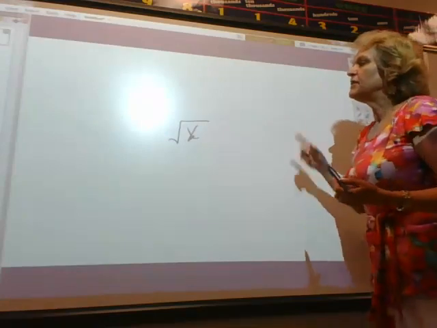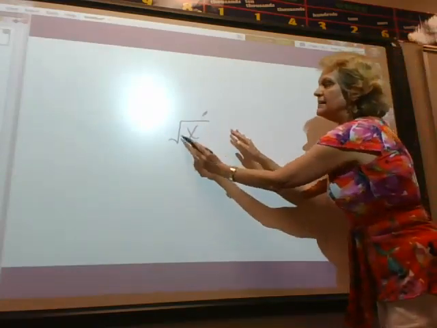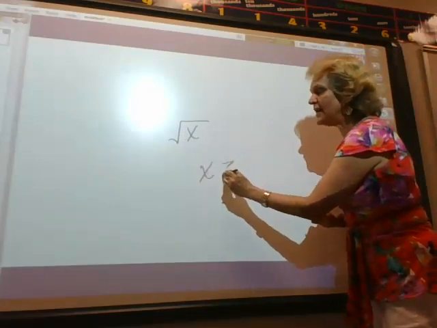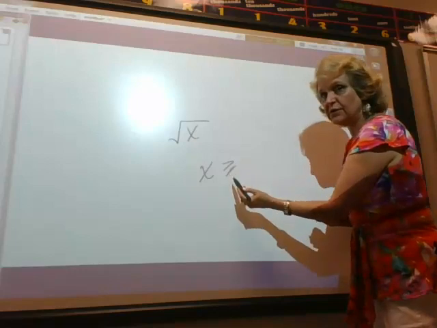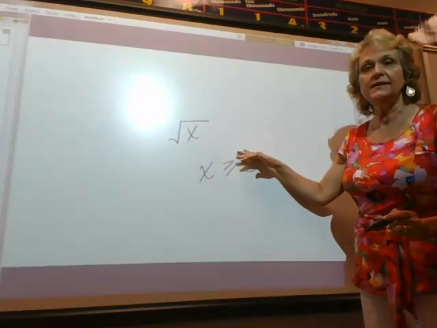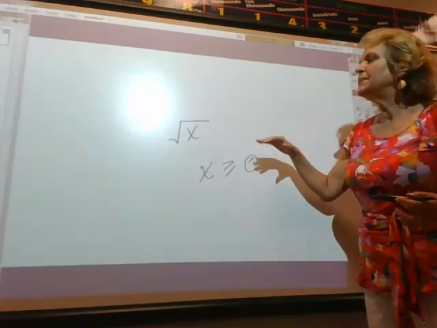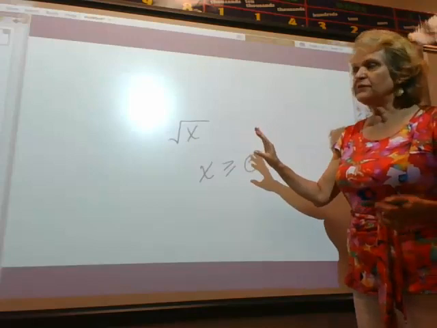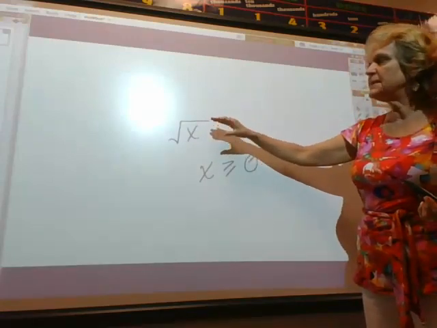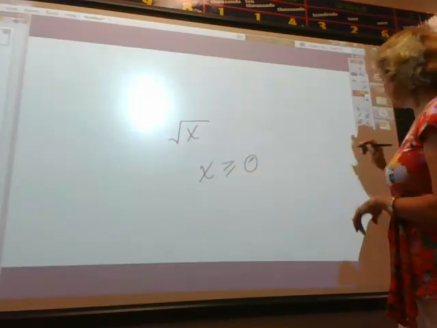But the thing we're not allowed to have is a negative under there. So whatever the radicand is, if they give it to you in a variable, you'd say that radicand has to be greater than or equal to 0. It can be 0, it can be 1, it can be a half, a third, 5 and a seventh, but it can't be negative. So for example 2, I'd say radical x, and the solutions that make that real are when x is greater than or equal to 0.